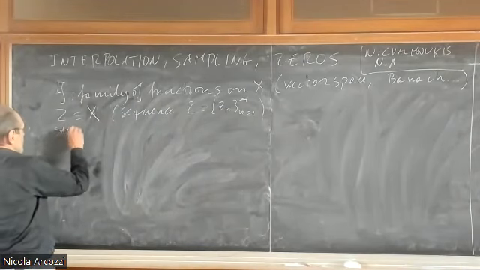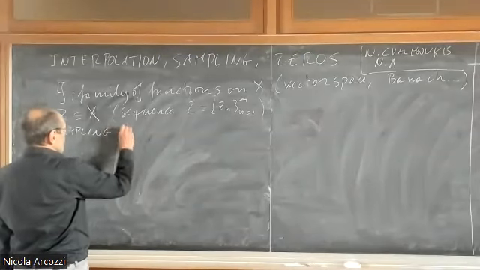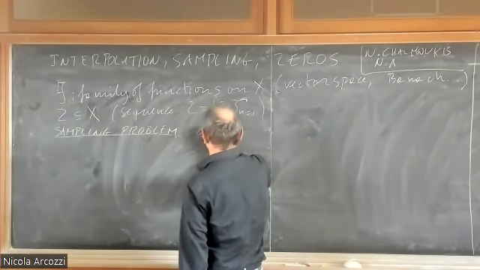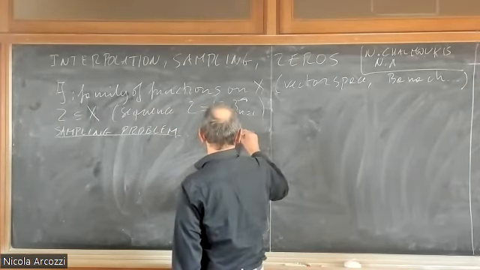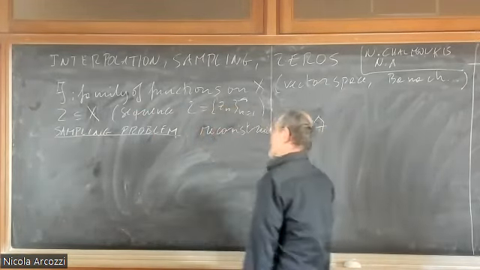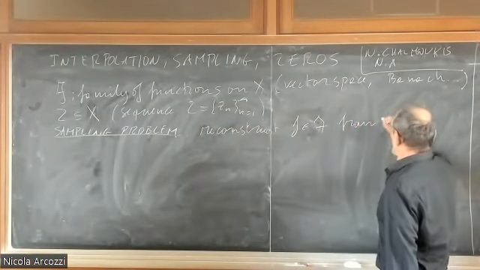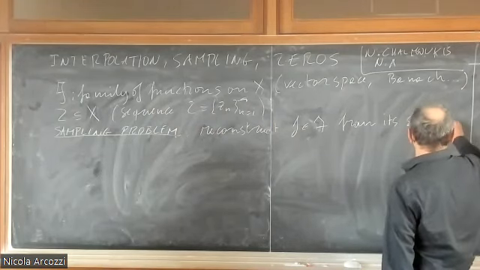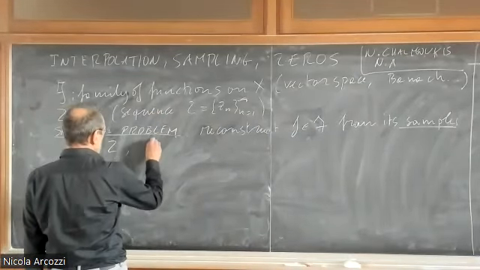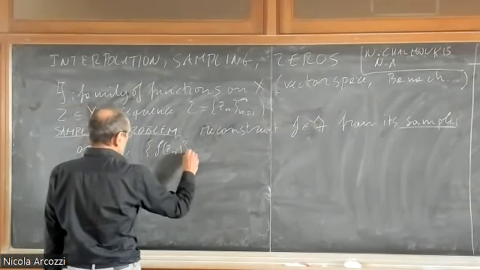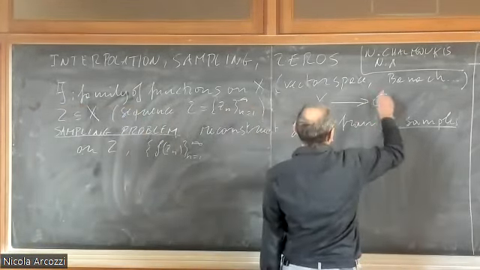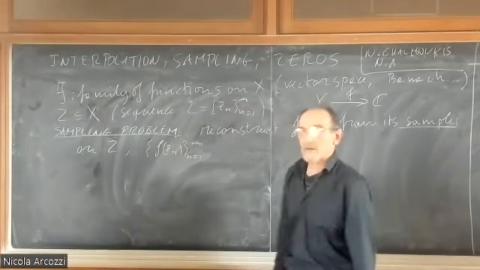So the sampling problem is to reconstruct some function in the family from its values on Z. Typically we consider functions with values in complex numbers, though it might be real numbers, or it might be a Banach space.